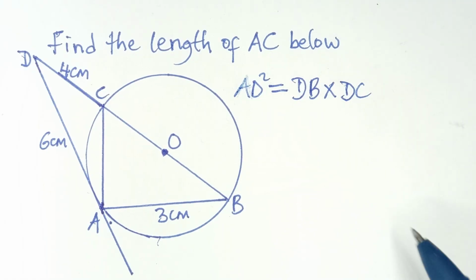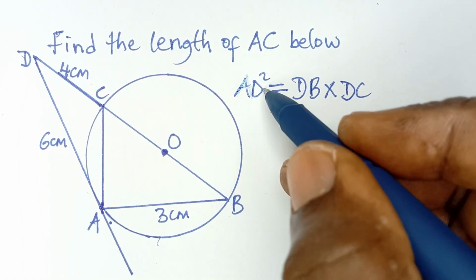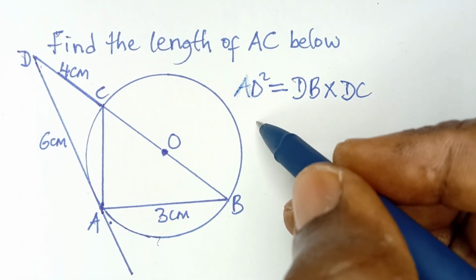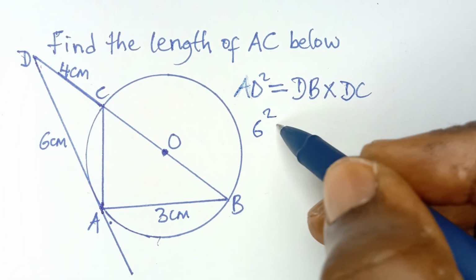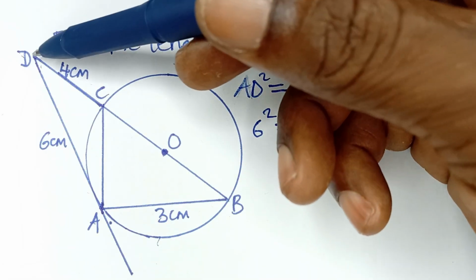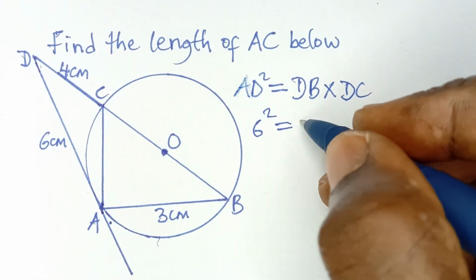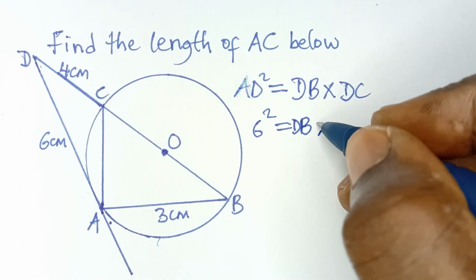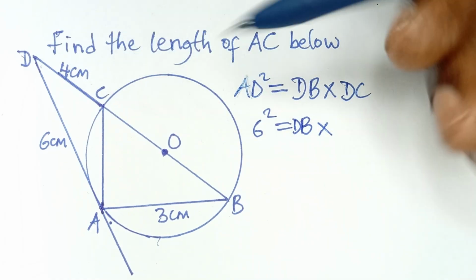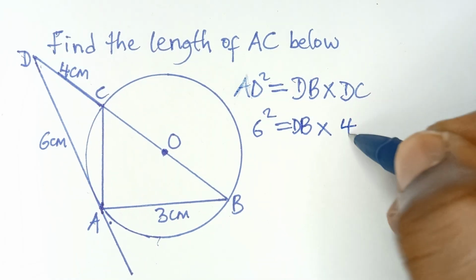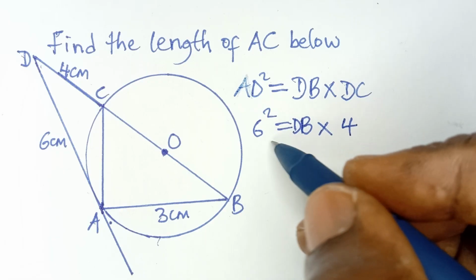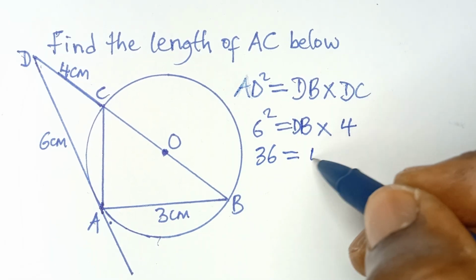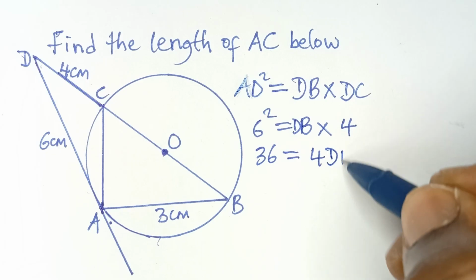So now, if we continue, AD is 6 centimeters. So AD square will be 6 square, and that will be equal to DB, which we do not know yet, multiplied by DC, and DC is 4. So that gives us 36 is equal to 4 DB.